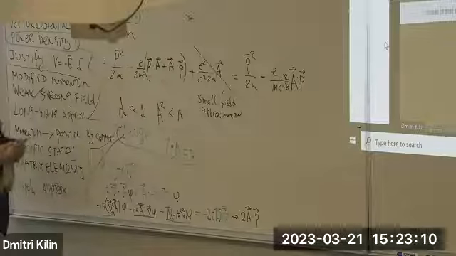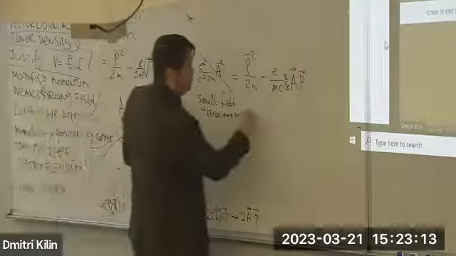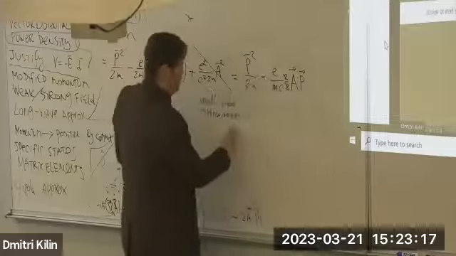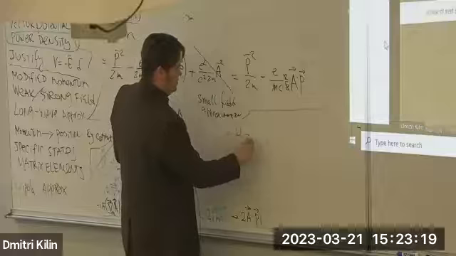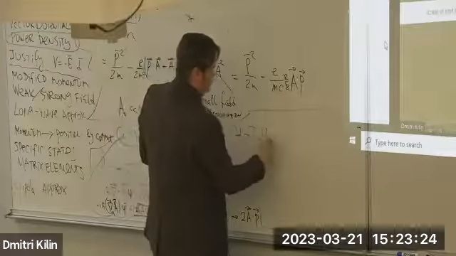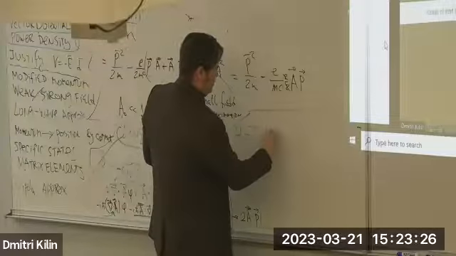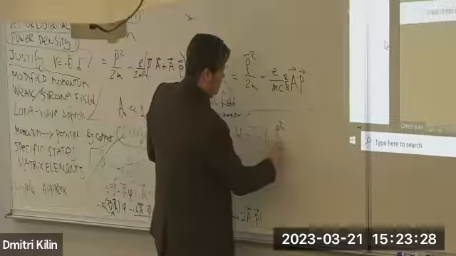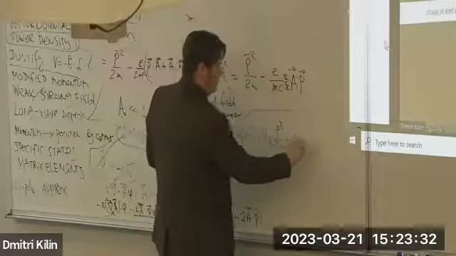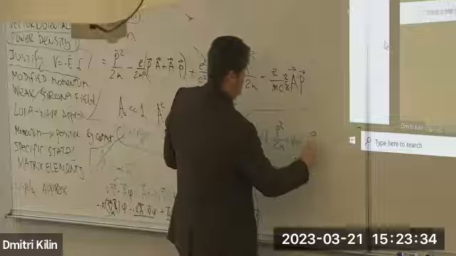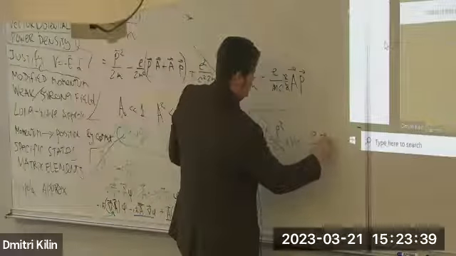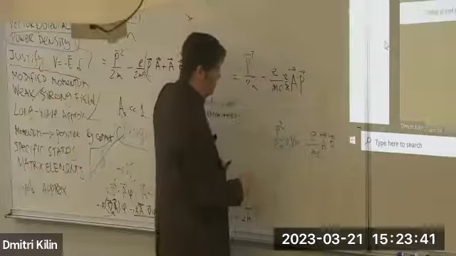If you want to have the full complete Hamiltonian, we would admit that in addition to kinetic energy, there is potential energy, right? So we will have E squared over 2m plus V of r, and then minus E over mc, dot product of vector potential and momentum.